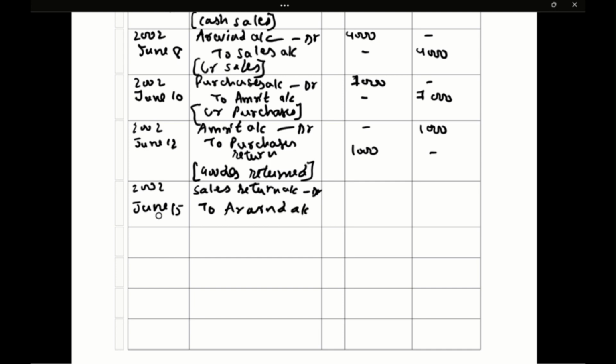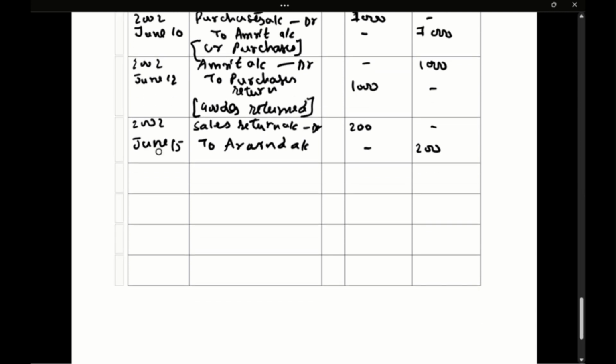Amount is 200. So sales return is also called return inwards. So the narration will be being goods return.